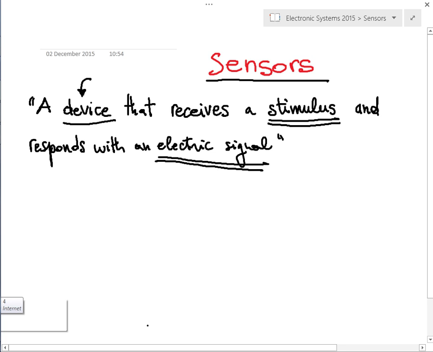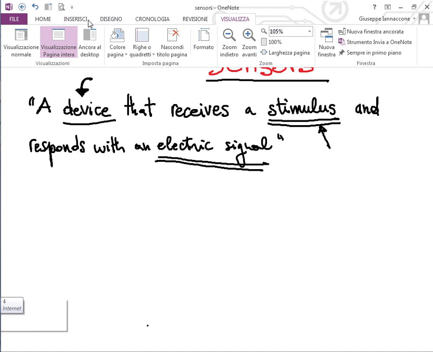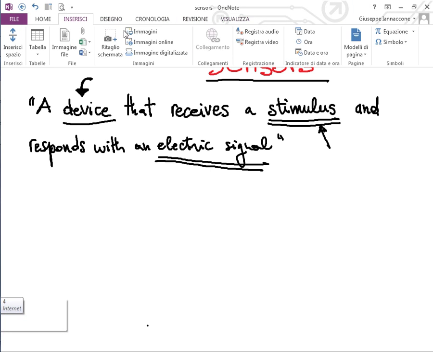Of course, device. As I mentioned, a device is a system which performs a function, that has a function, and the stimulus is the quantity that we want to measure, for example, or a condition that we want to measure.